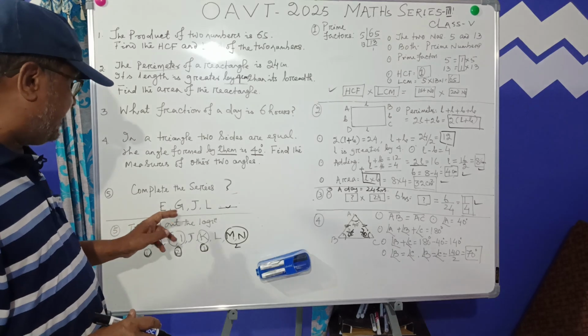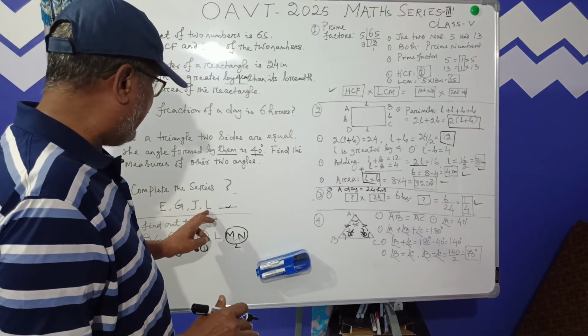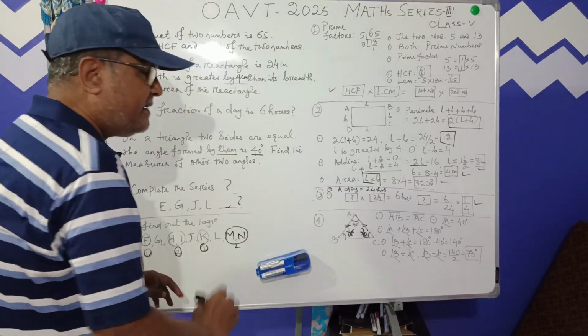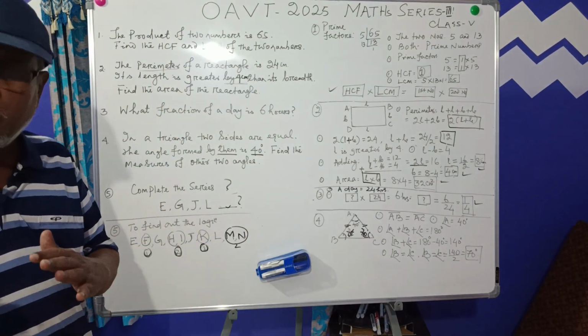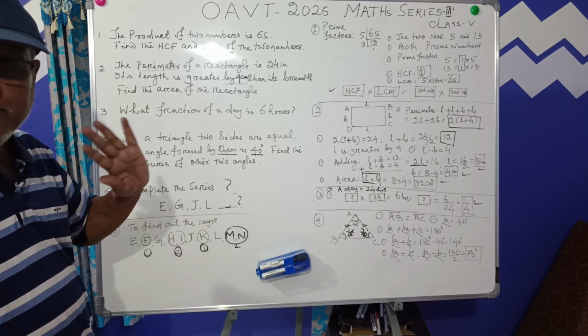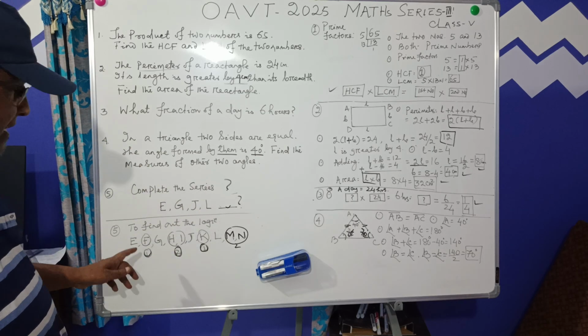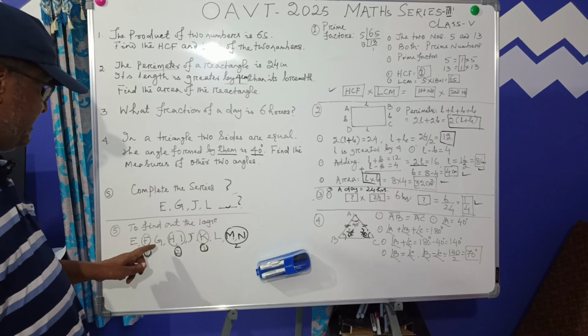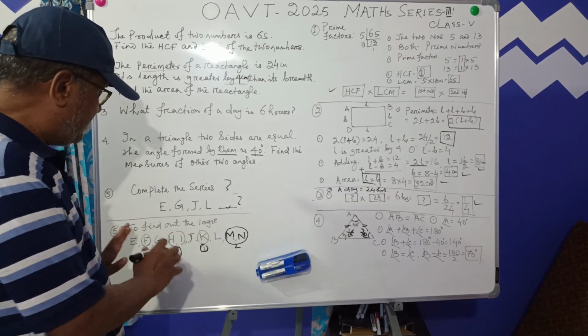English letters are given: E, G, J, L. Then what is next? We have to find out the logic from this arrangement. Now write down all the capital letters E, F, G, H, I, J, K, L, up to L, the letters given.